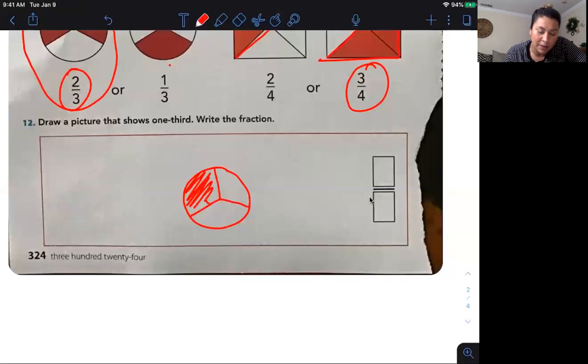Actually, I'm going to erase the whole thing. That was a terrible straight line. There we go. Whoa, that's a pretty good box there. Now to divide it into 3. Oh my goodness.